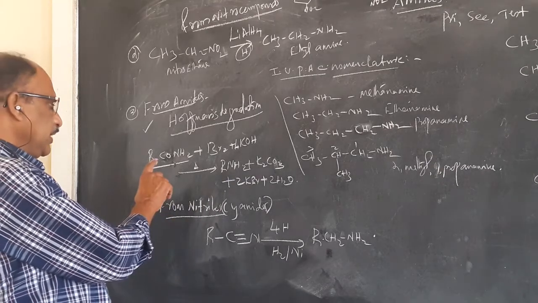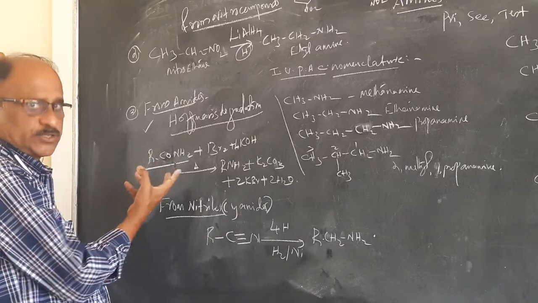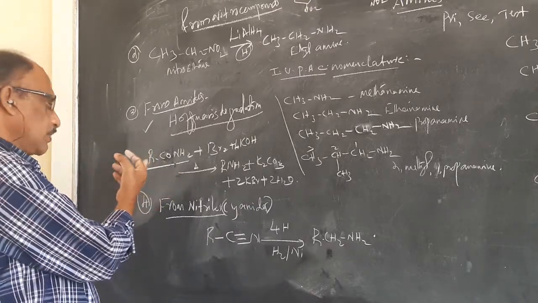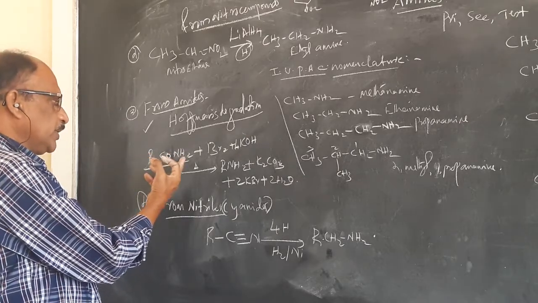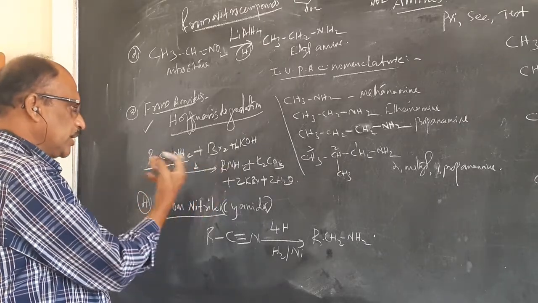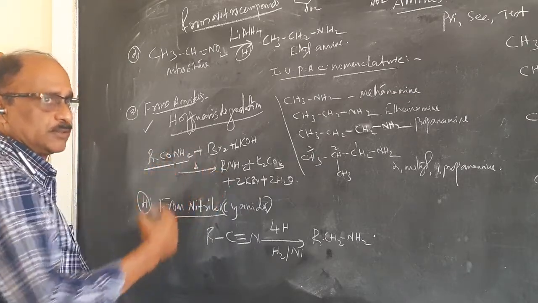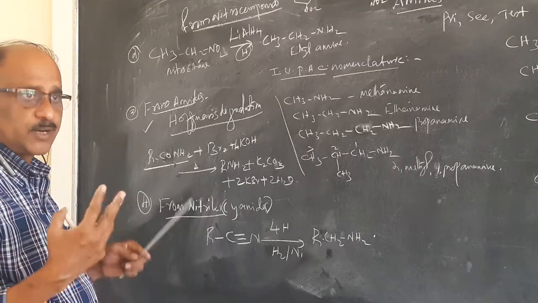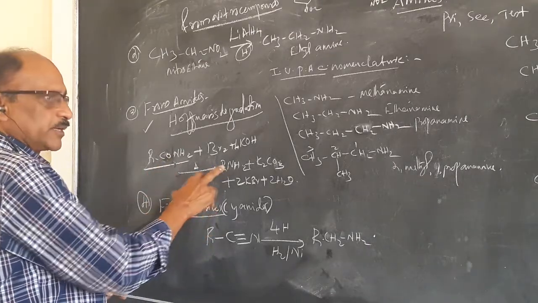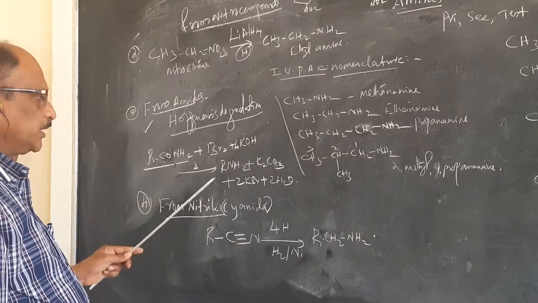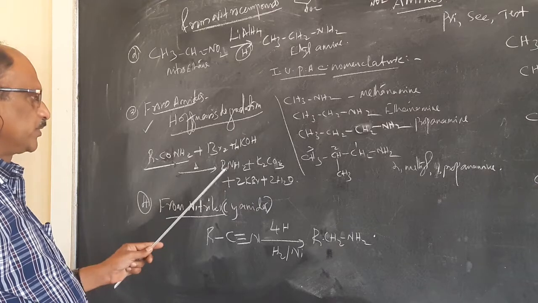So here R means definitely there will be carbon atoms, R also CH3CH2 like that, or a phenyl group. And CONH2 is converted to NH2. That means one carbon atom is reduced in the product. One carbon atom is reduced, so the reaction is descending the series.